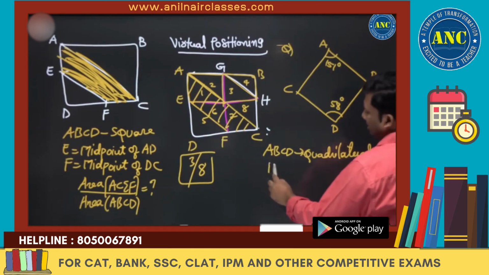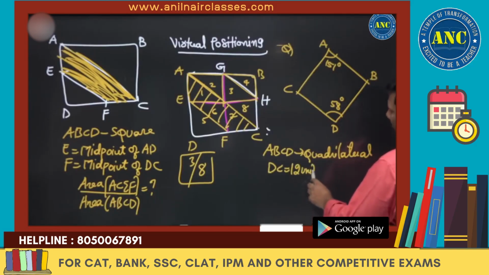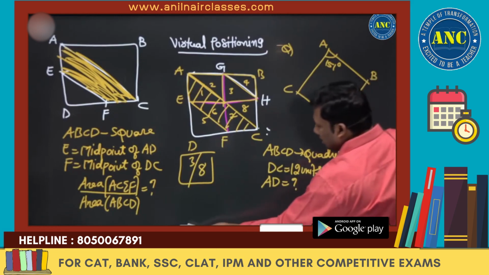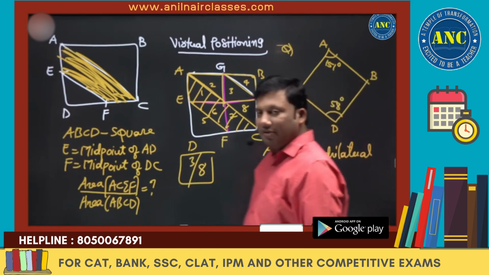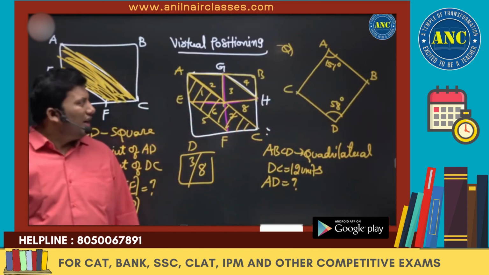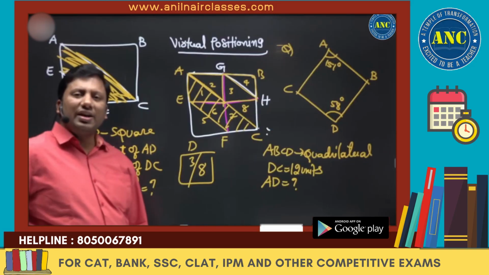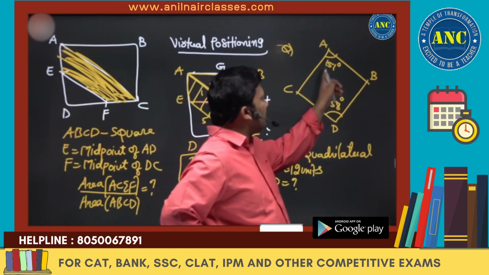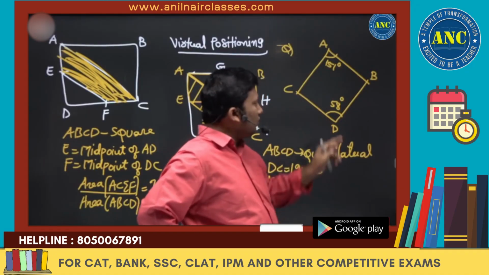What if DC is equivalent to 12 units? If DC is 12 units, find AD. This is the question. This is 58 degrees. This is 151 degrees. DC is given as 12 units.